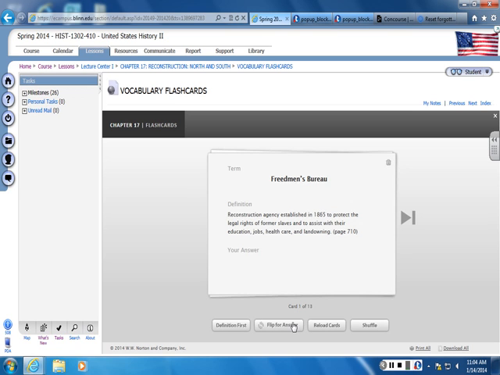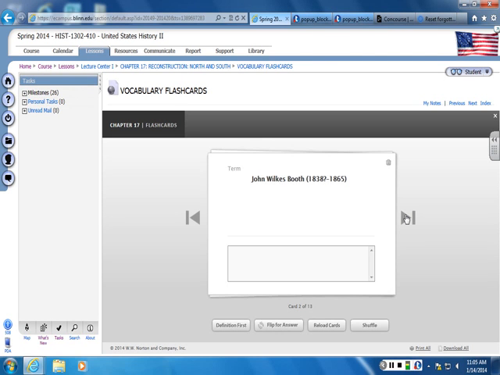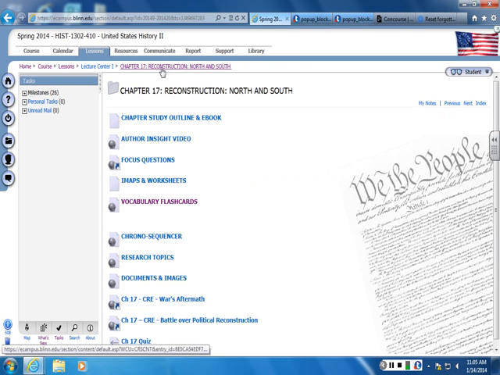It's a Reconstruction agency established in 1865 to protect the legal rights of former slaves and to assist with their education, jobs, health care, and land ownership. Okay? John Wilkes Booth. Put the answer in there and see. It's something that, if you do it, will benefit you, but it is not required. You follow? The only thing you do have to do is the quiz.